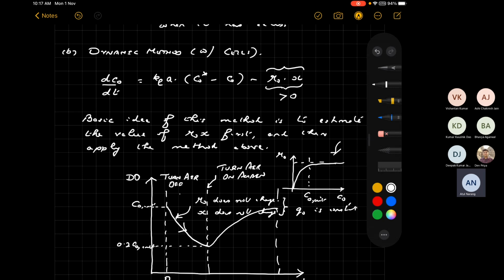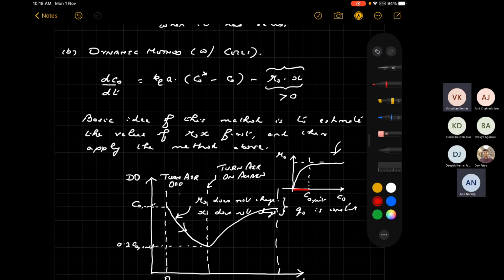If you never allow the dissolved oxygen concentration to enter the low values shown in the red line over here, then essentially RO is independent of the dissolved oxygen concentration. It is in the saturating zone. So essentially the method never allows the dissolved oxygen concentration to go below the critical value. Is that part clear? Yes, sir.